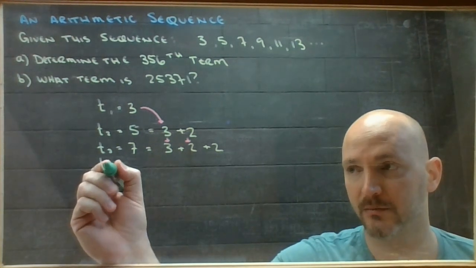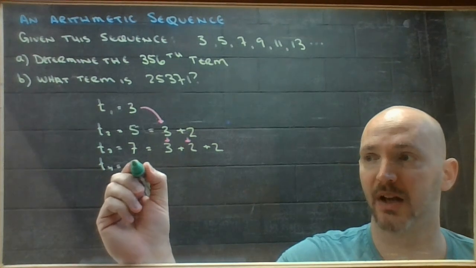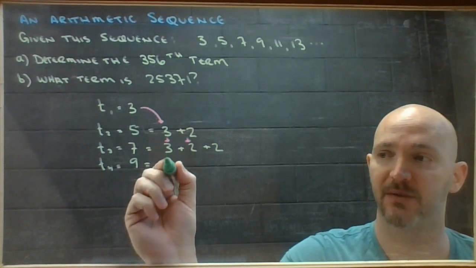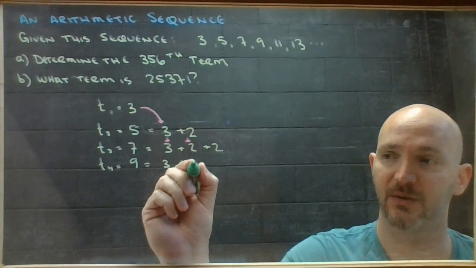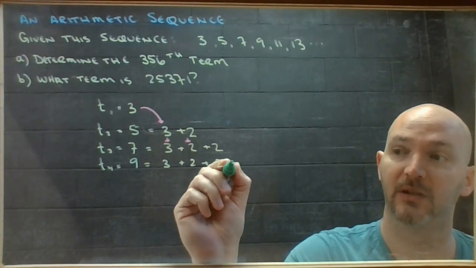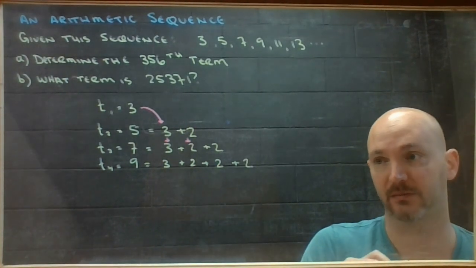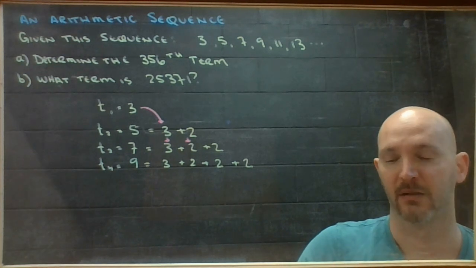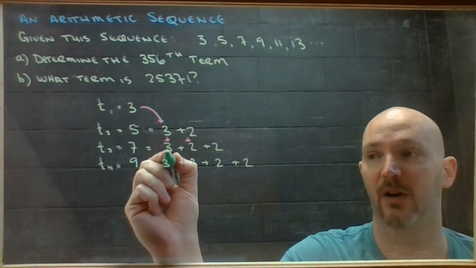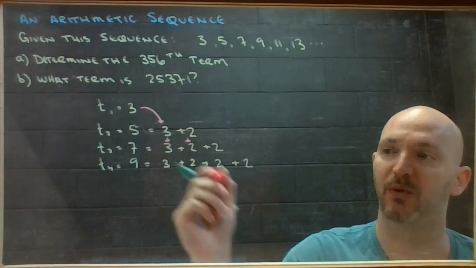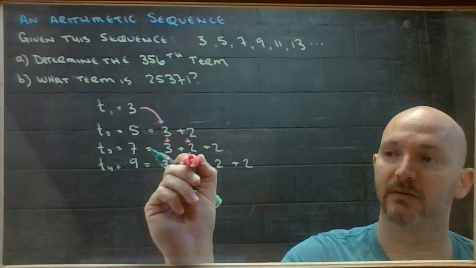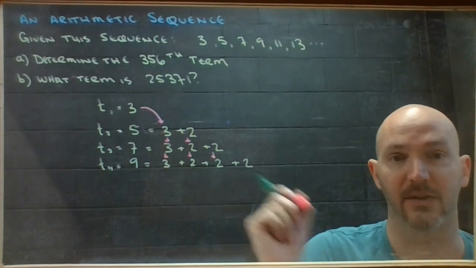Term 4, I have a 9, which happens to be 3 plus 2 plus 2 plus another 2. So again, you'll note all of the numbers from the previous term are represented, and there's an extra one.